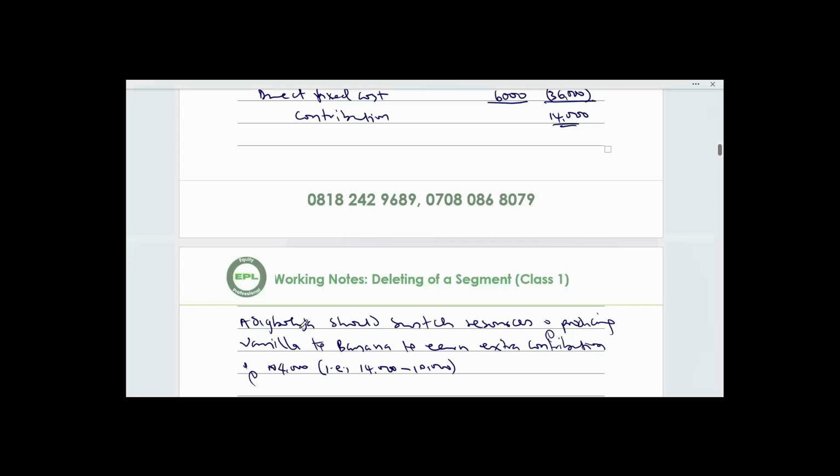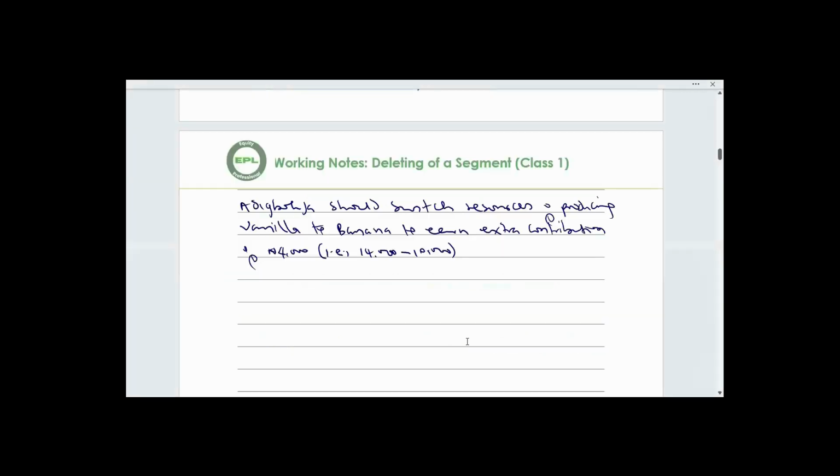In the C part of the question, the examiner is asking, what are the non-quantifiable factors that the management of Adigboduja should consider? I don't need to write it down; let me just mention the qualitative factors.